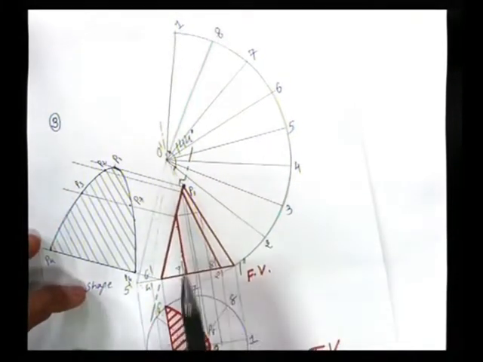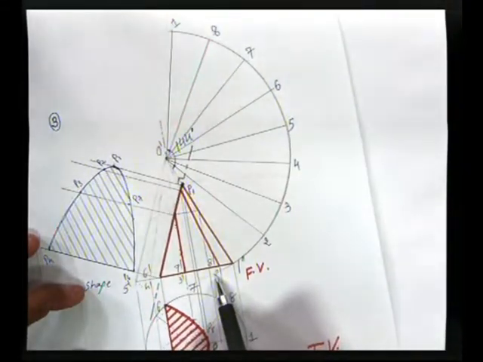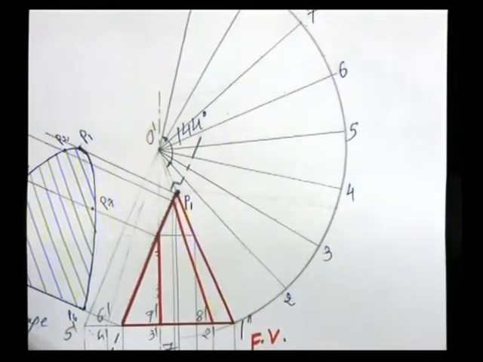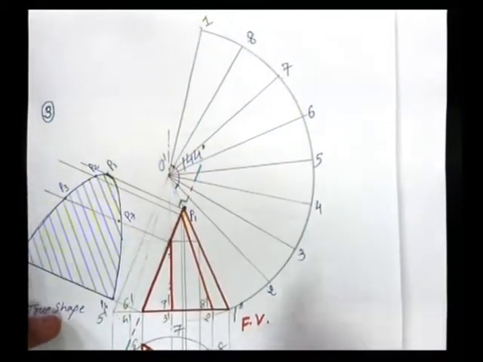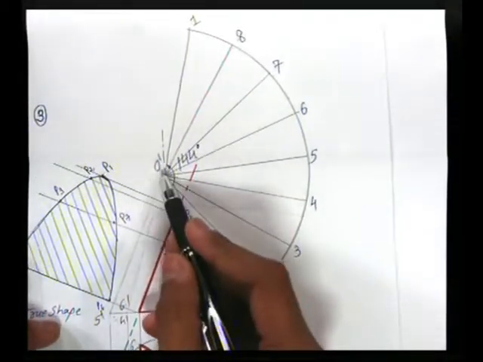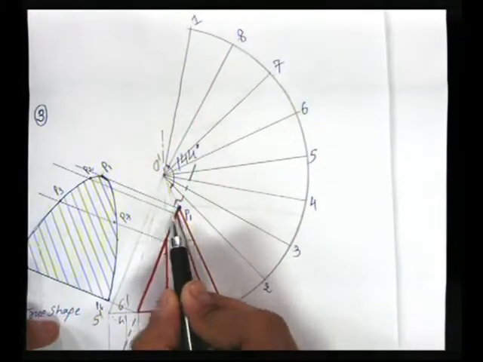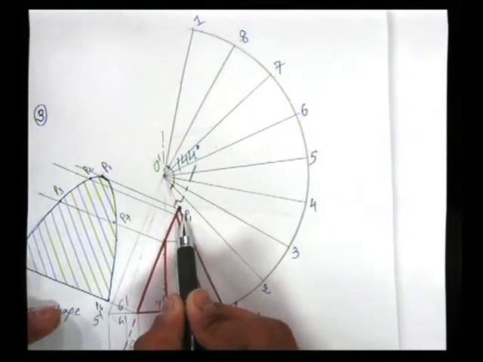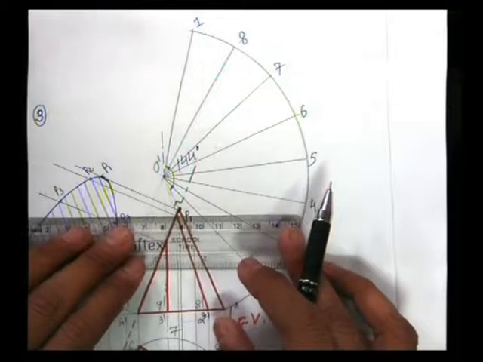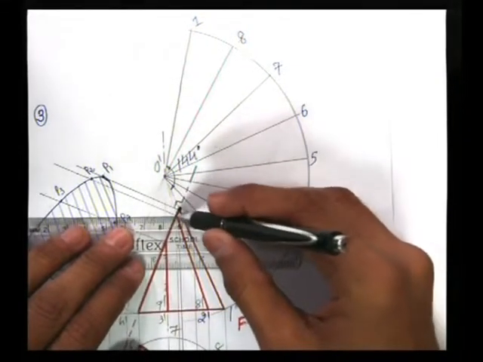Similarly, point number 2 is here on O2. O dash 2 dash is here. This is point number 2 dash. The intersection of O dash 2 dash and this cutting plane is this point. So from that point, draw a straight horizontal line, because this point P2 is not on the true length, so first we have to transfer it to the true length.